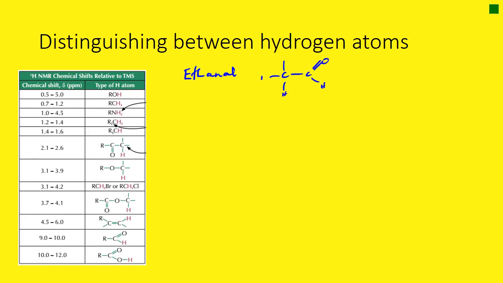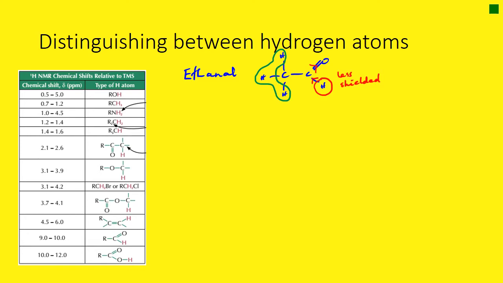So we've got 4 hydrogens in ethanol, and we can see that this hydrogen here that I'm ringing in red is going to be in a different chemical environment to the other hydrogens, because the electrons in the bond are going to be much more drawn towards the carbon, because carbon's lost a few electrons, well, electron density toward oxygen. Okay, so this hydrogen here is going to be less shielded than the other hydrogens.